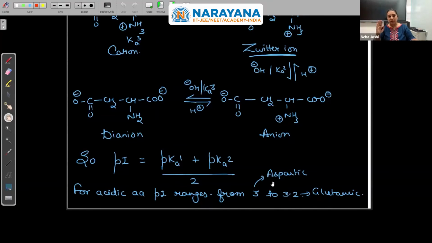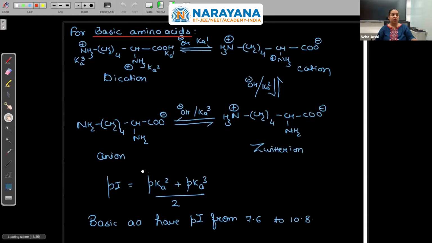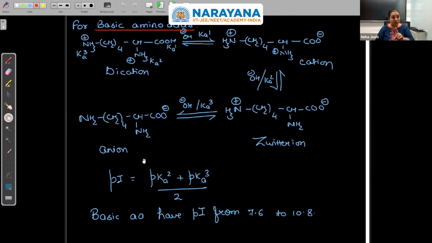Just to remember, for acidic amino acids the isoelectric pH is towards the acidic zone, 3. For neutral amino acids, it was the 5.5 to 6.5 zone. Let us see what it is for basic amino acids. For a basic amino acid, I should have more NH2 over COOH. See, 1 COOH, 2 NH2 groups.